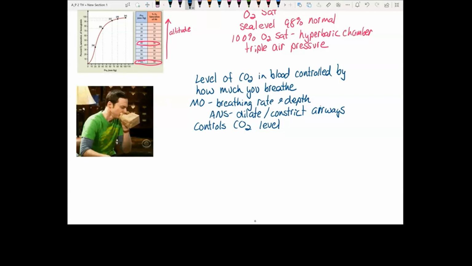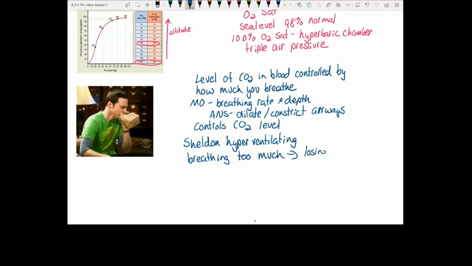Okay, so let's look at a scenario. We have Sheldon here, and Sheldon is hyperventilating. This means he is breathing too much.